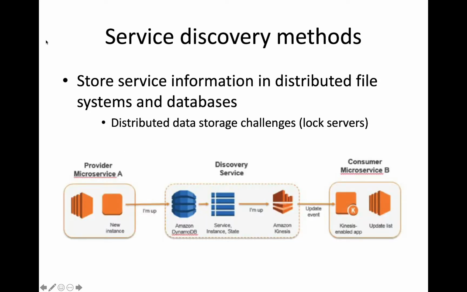Another method that you could implement is storing service information in some sort of distributed file system or a database. You can envision a scenario where you have a microservice and it launches and it updates an item in an Amazon DynamoDB table. And then that updated table will stream the data to Kinesis and then potentially update the configuration of consuming microservices.